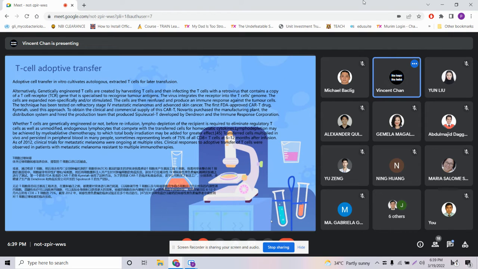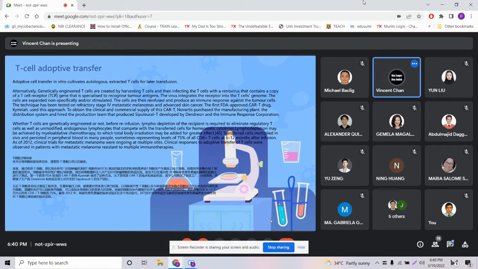Transferred cells multiplied in vivo and persisted in peripheral blood in many people, sometimes representing levels as high as 75% of CD8 plus T-cells at 6 to 12 months after infusion.